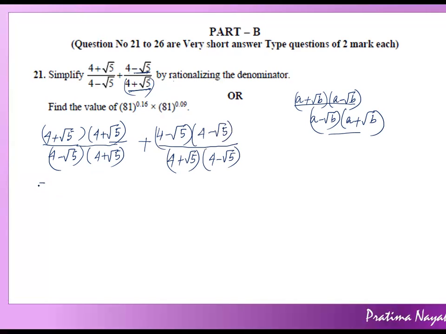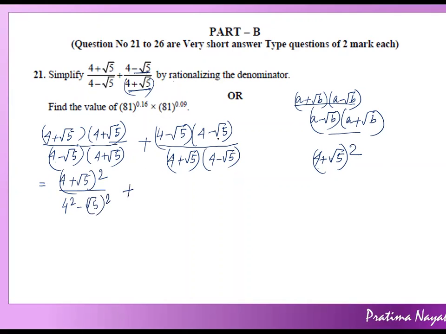Now if we simplify, it will be 4 plus under root 5 whole square, then you have to apply the a plus b whole square formula, upon the denominator, which will be 4 square minus root 5 square, you know.